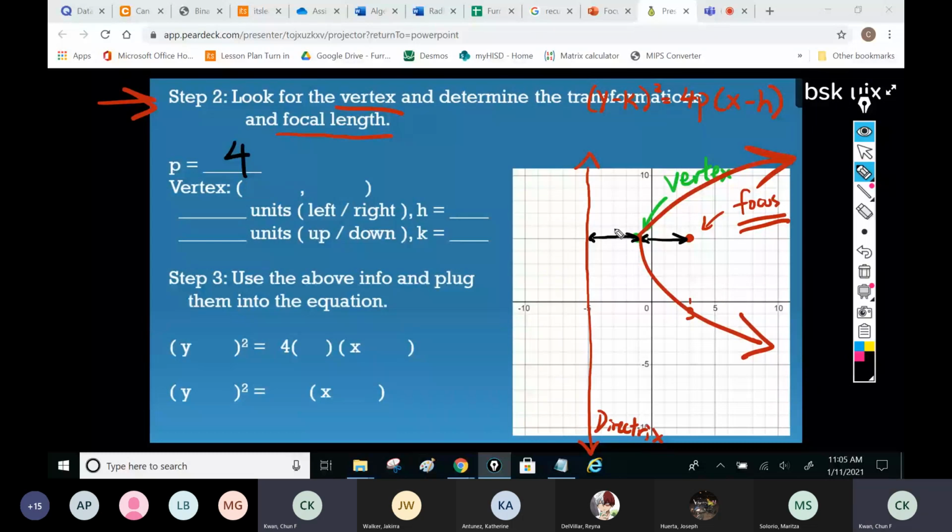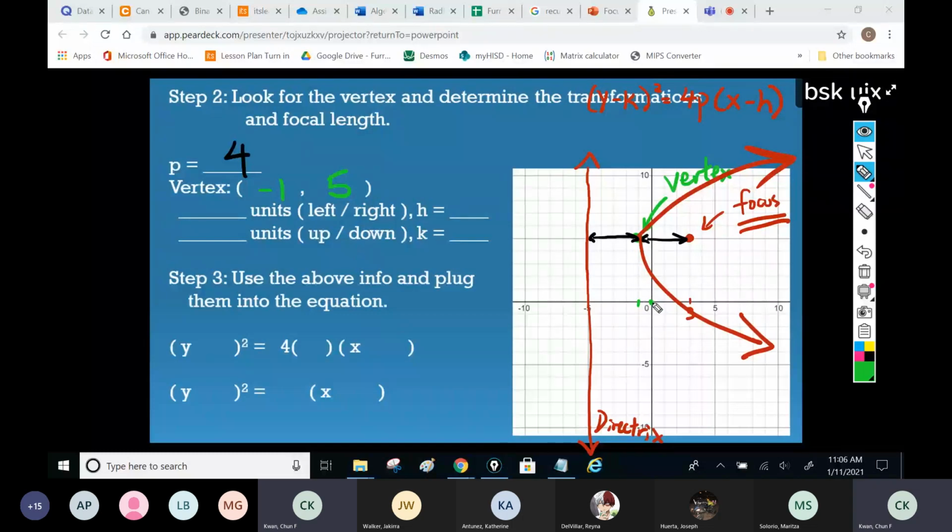Vertex is -1 and 5. All right, now let's look at how many units it is shifted left and right, up and down from the origin.